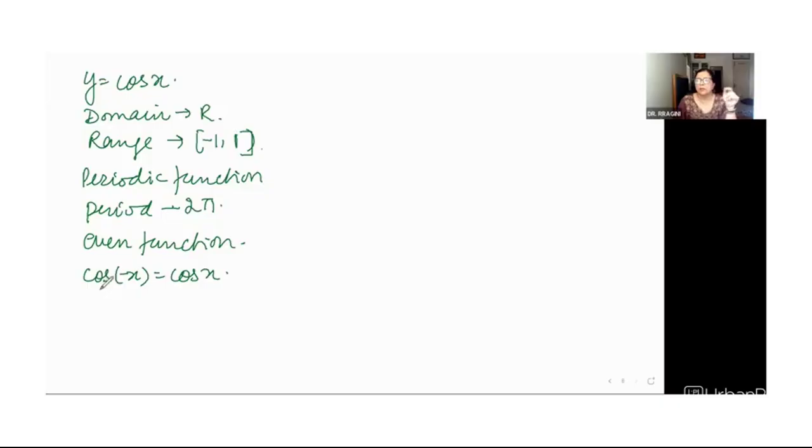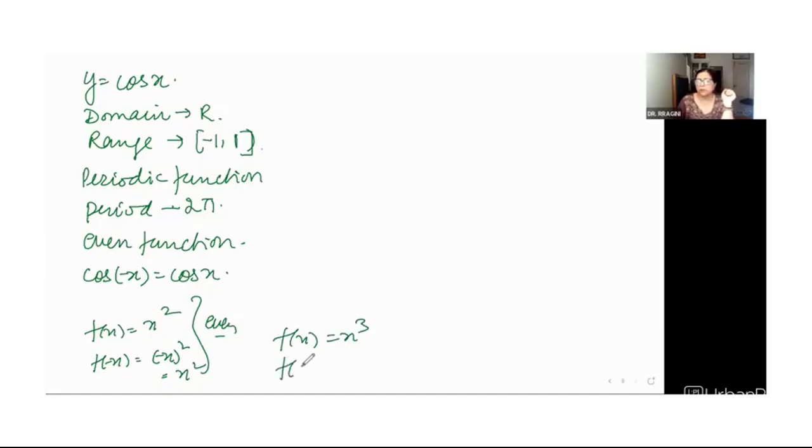Like f of x is x square. If we write f of minus x, it still remains the same value. That means this is an even function. Like x square is an even function, similarly cos x is an even function. And if we have f of x as x cubed, what will be f of minus x? It will be minus.